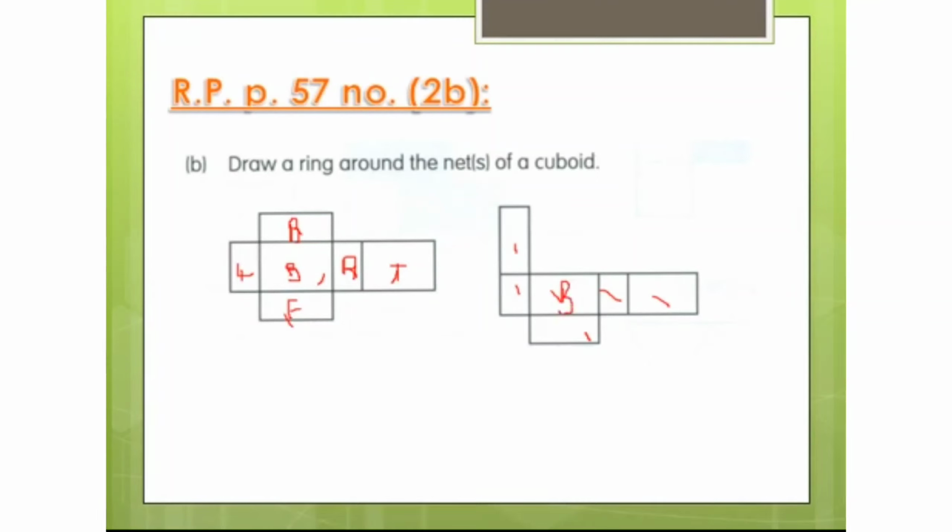Base, right, left, front here. Okay, and this will be closed to be the top. And I think this one too will be the back. I think both of them will be the net of a cuboid. Let's check our answers.